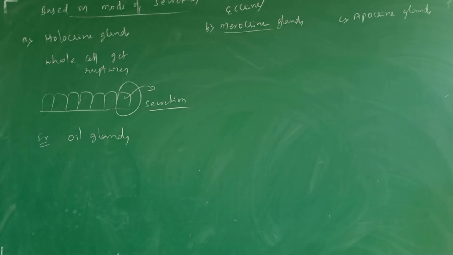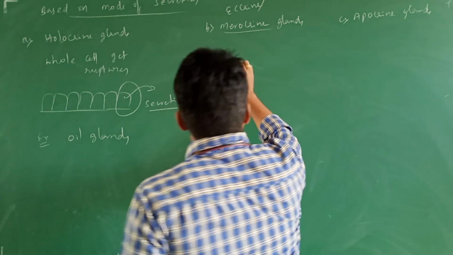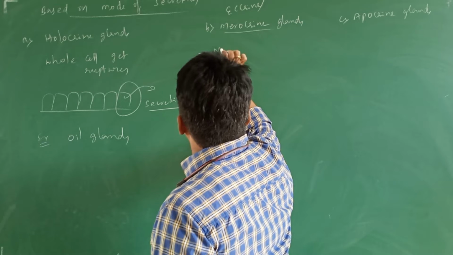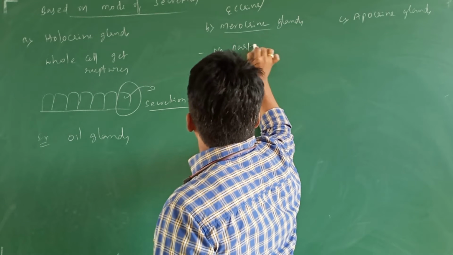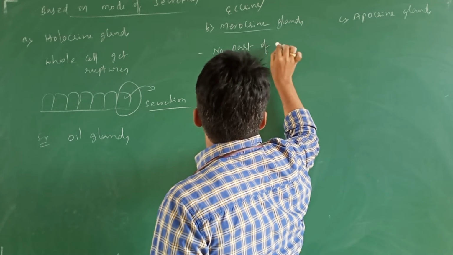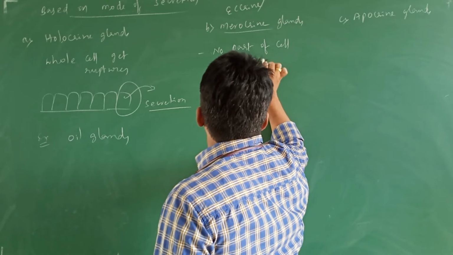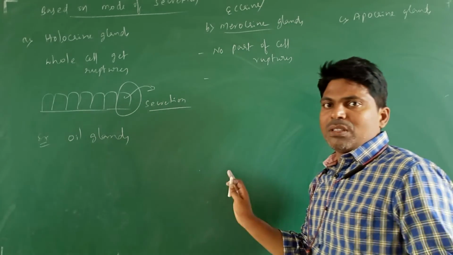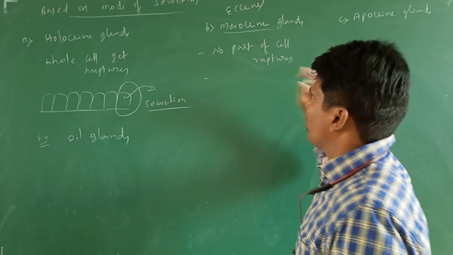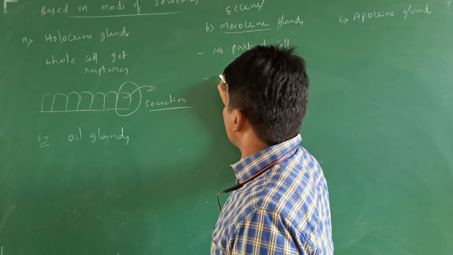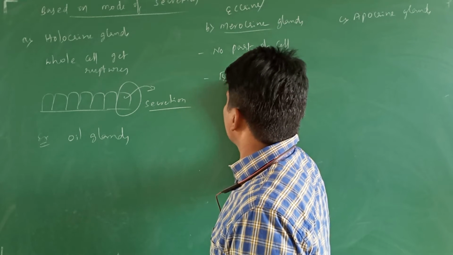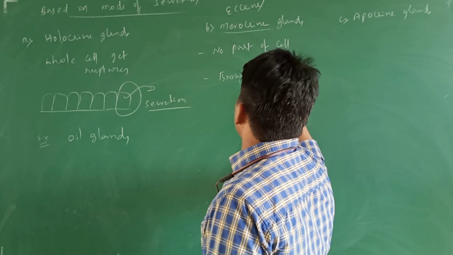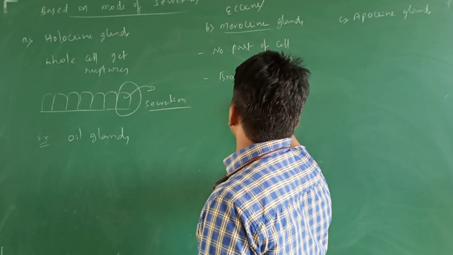Next, merocrine gland. Here no part of the cell ruptures. The cell is not ruptured, the cell remains like that only. Through the diffusion process, secretion takes place.